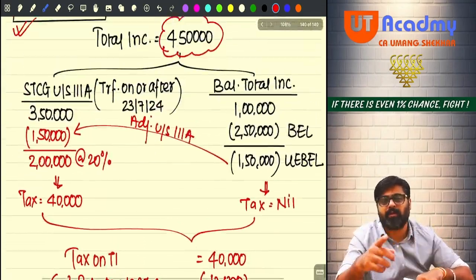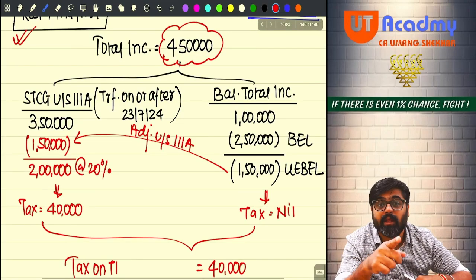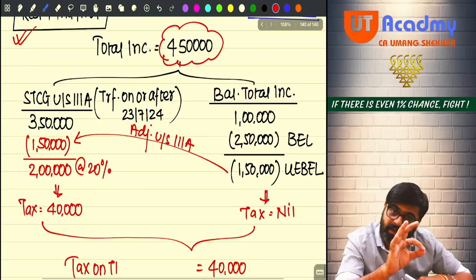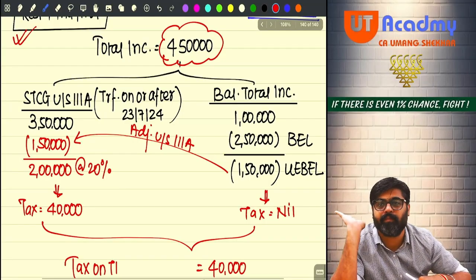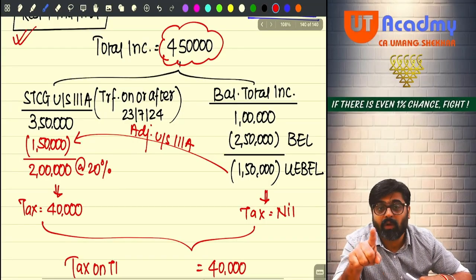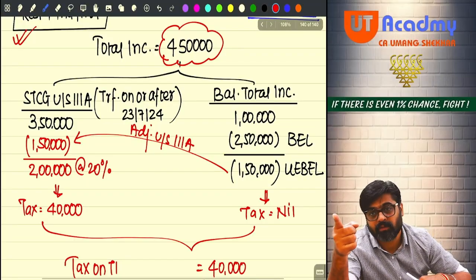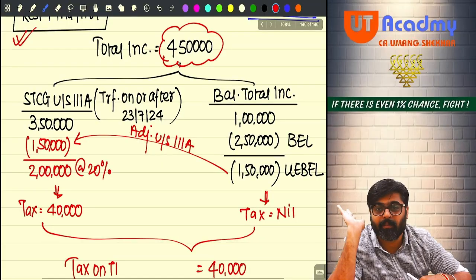Now instead of short-term capital gain under 111A, if I would have long-term capital gain under section 112, I would have done the same thing. If I would have long-term capital gain under section 112A, then also I would have done the same thing. Getting my point?